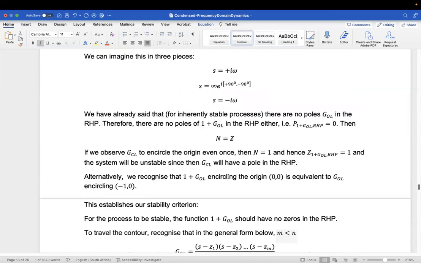So we could say, well, we can do it that way. We can plot that function. Or instead of working with 1 plus G open loop, we could recognize that 1 plus G open loop encircling 0, 0 is equivalent to just looking at G open loop, subtracting off that 1, and then looking for encirclement of -1, 0.